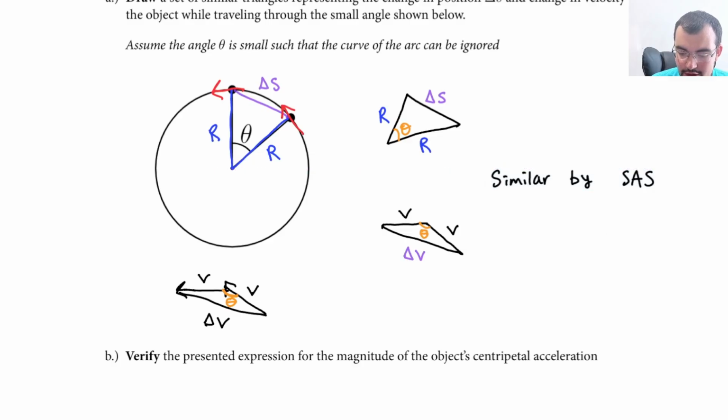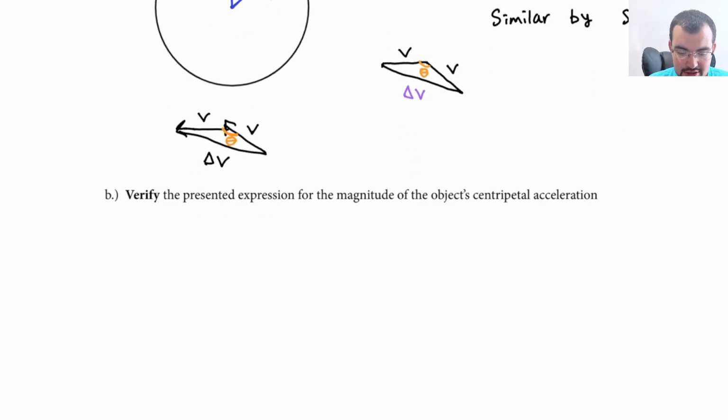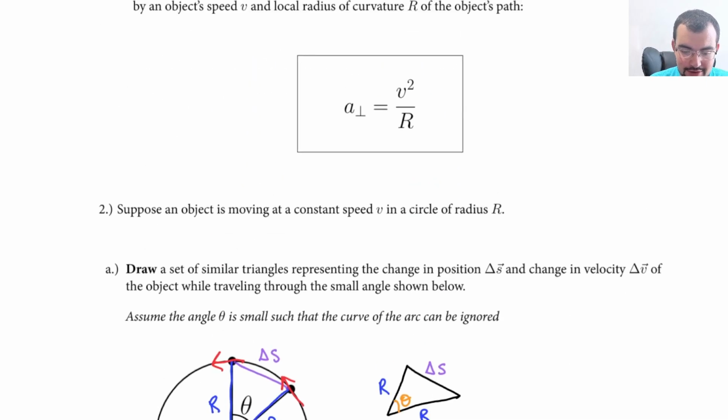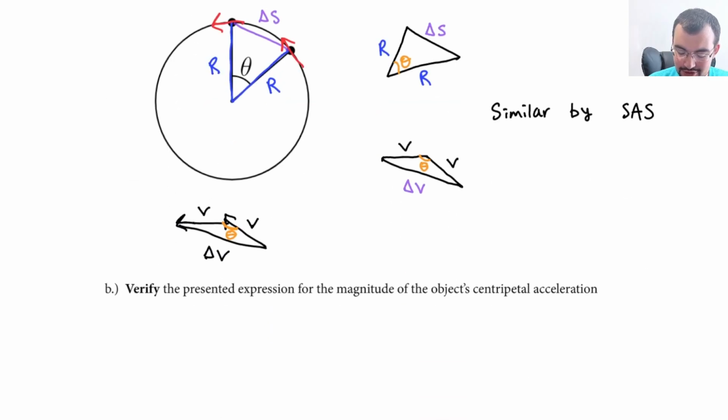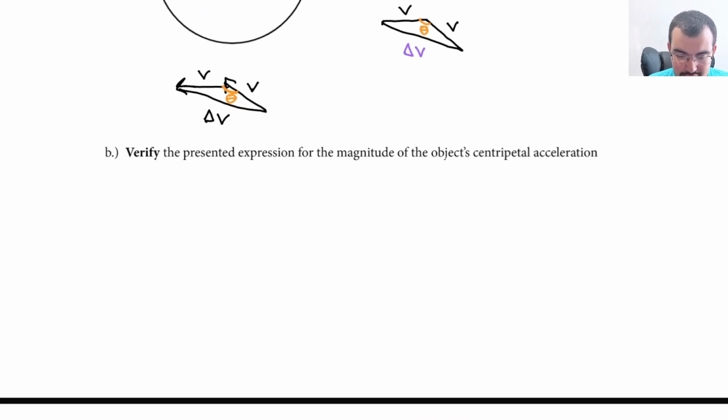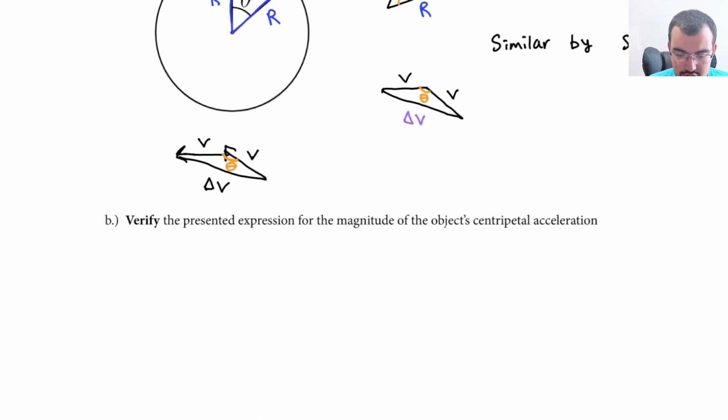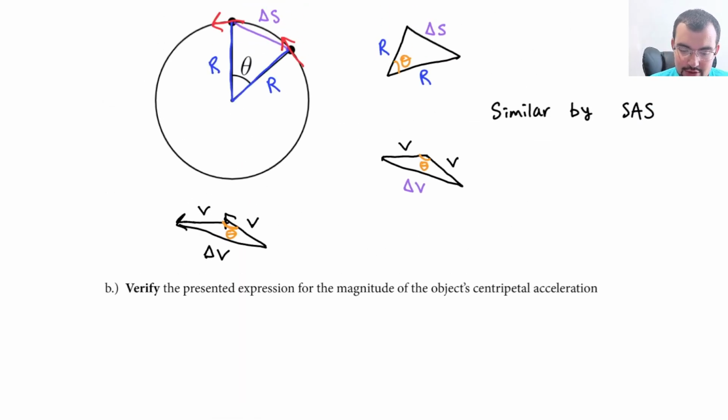You can figure out the equations of circular motion and do some calculus, but we're going to practice our geometry skills here. Using the similar triangles, we're going to figure out the radial acceleration, which is centripetal acceleration. Since these triangles are similar, their ratios of sides across triangles should be the same.